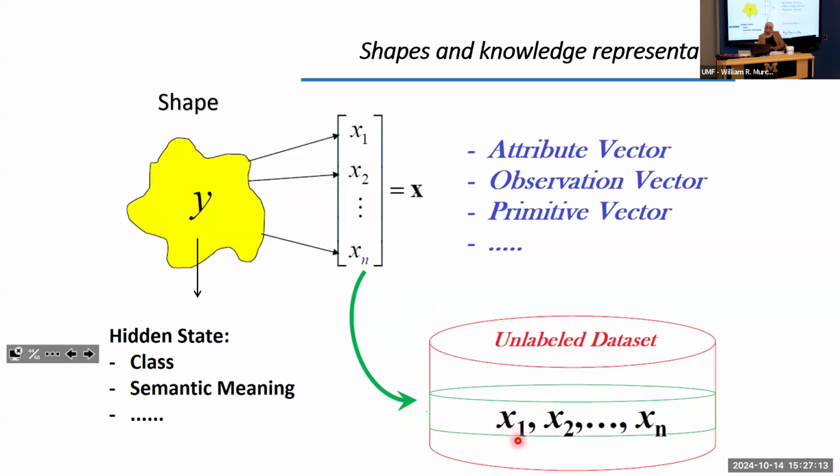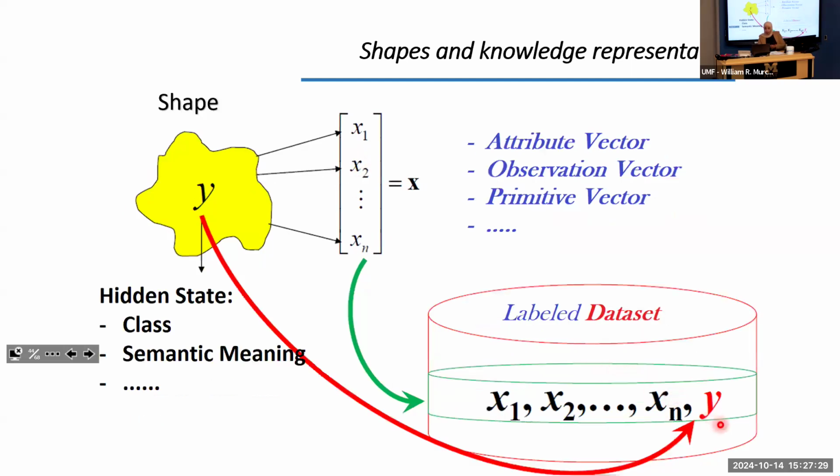When is it going to be labeled data? We add the y. It's not in this vector. Somewhere here you might find the description that it's a chair, but I am not going to say this is supervised data. There must be a separate given scalar or additional value or vector that encodes the information about the label.